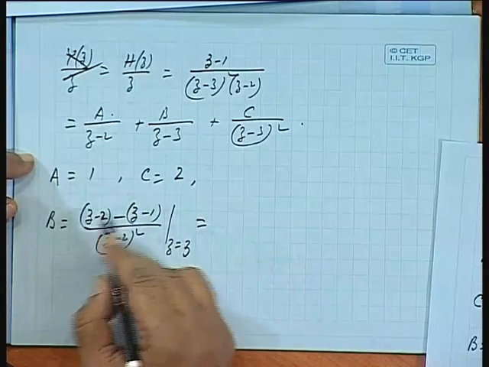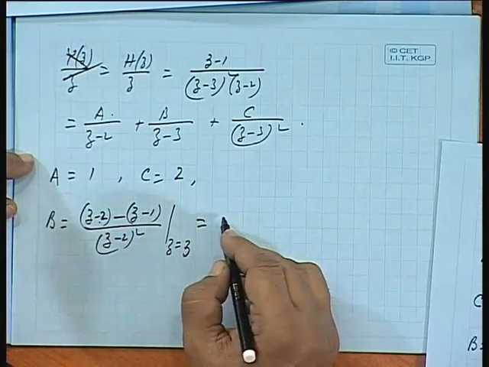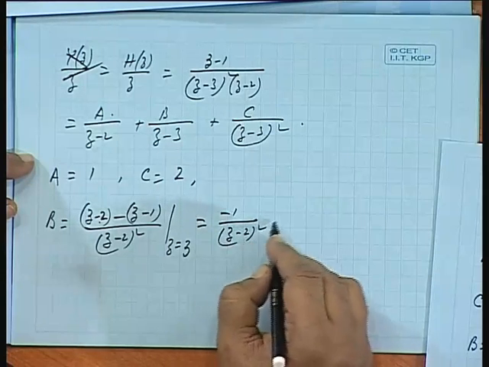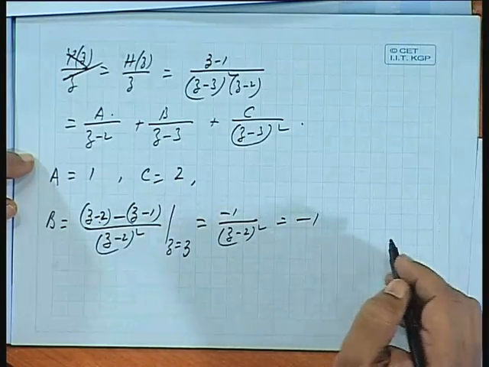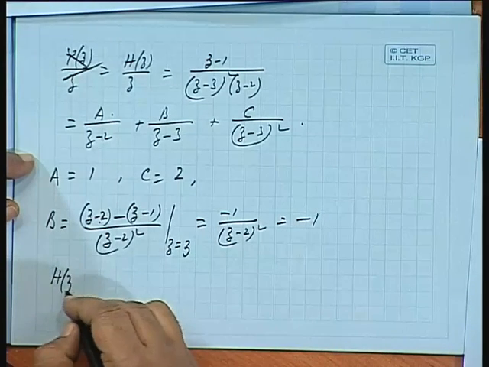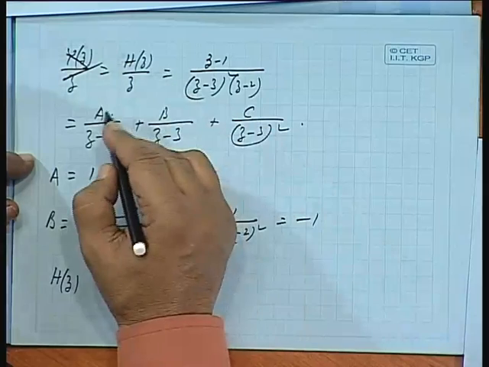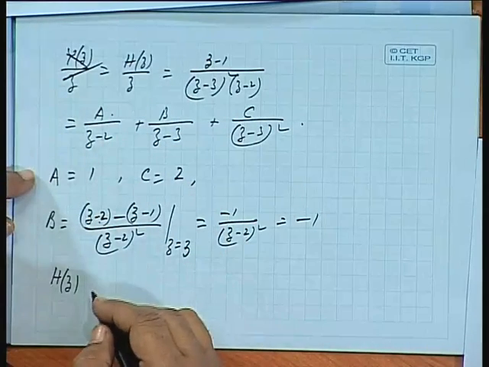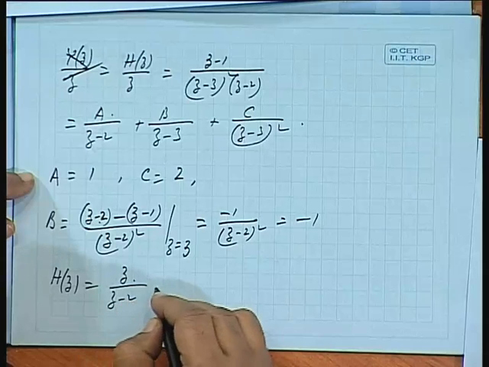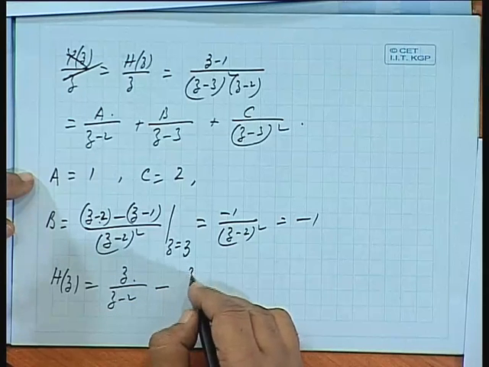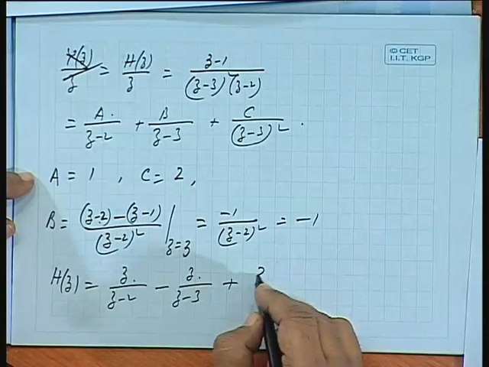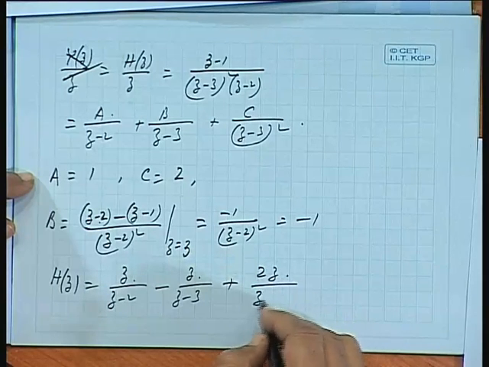So, this is minus 1 by z minus 2 whole squared, that is minus 1. Is that so? So, Hz, after getting this you multiply by z, so it will be z by z minus 2 minus z by z minus 3 plus 2z by z minus 3 whole squared.